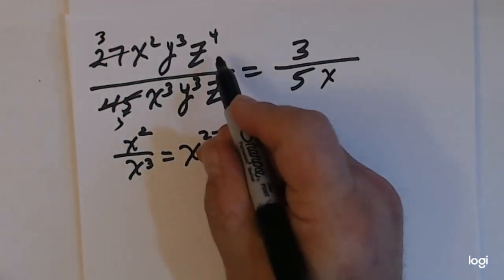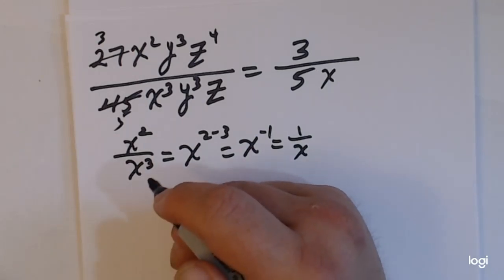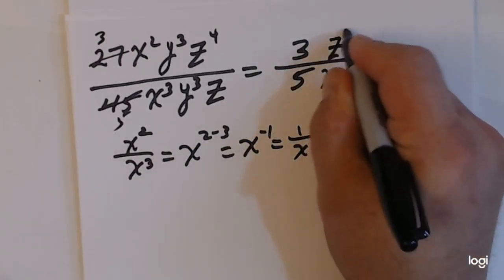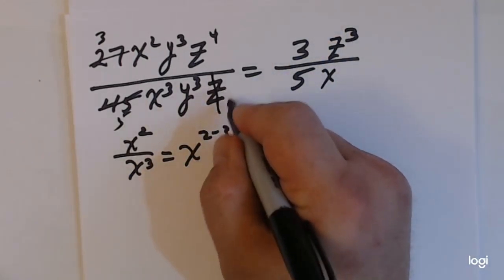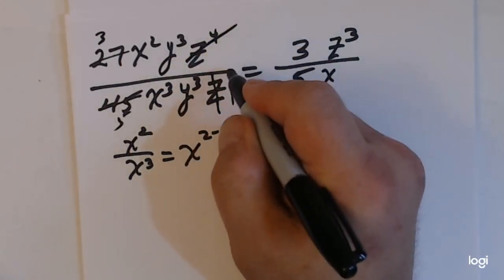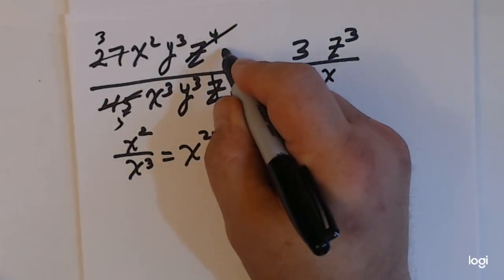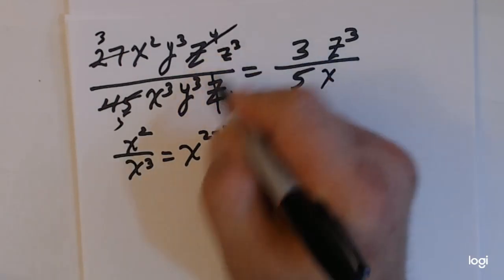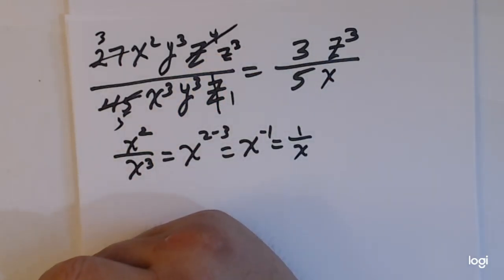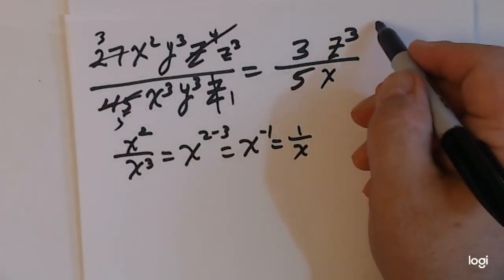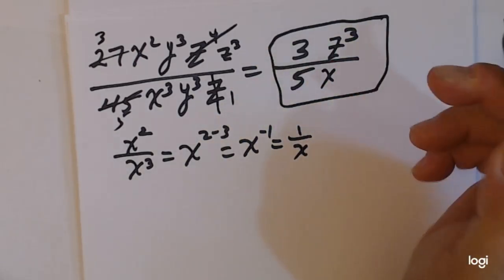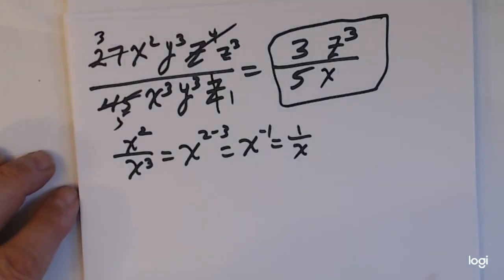And then we have z to the fourth over z, which is z cubed, right? z goes into itself once, and it goes into z to the fourth z to the third times. And there's our solution to this one.